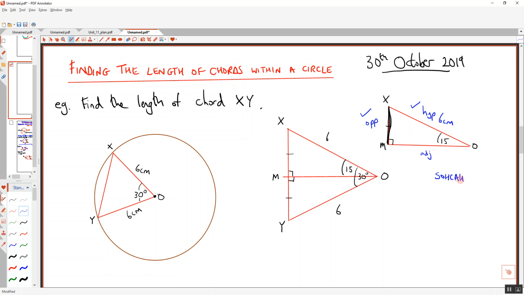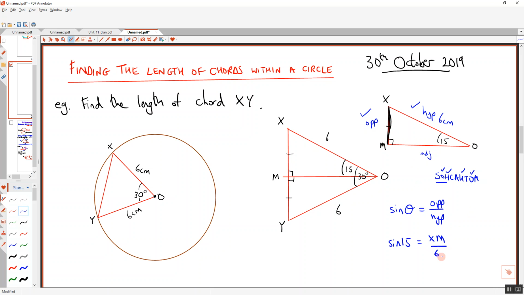Right, good. Just going back to our SOHCAHTOA, we know the hypotenuse, we want to work out the opposite, so it has to be sine. The formula is sine of the angle equals opposite over hypotenuse, good. What is the angle we're using? 15. 15, good. And the opposite is what we don't know. We'll call it x cm, over 6.